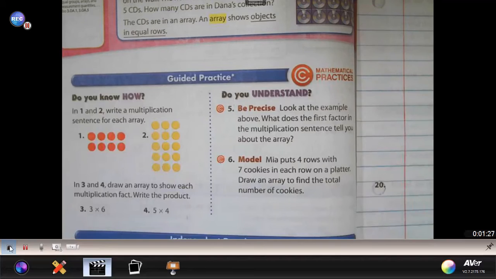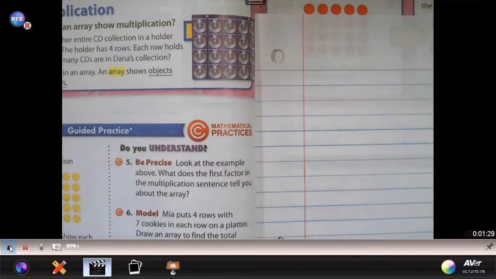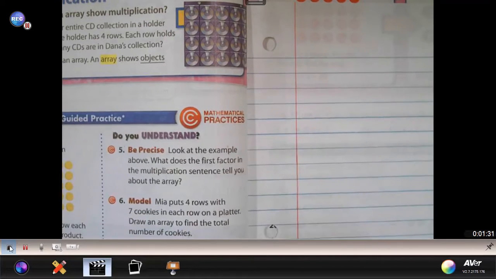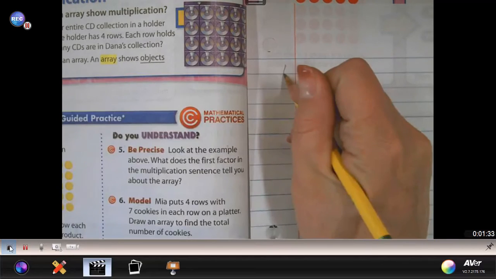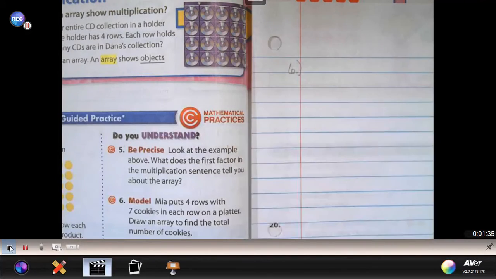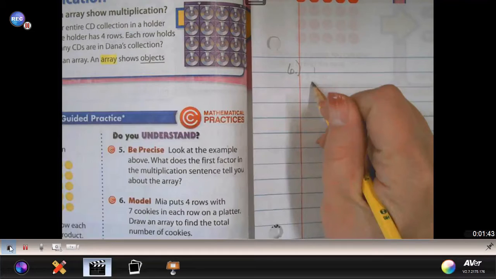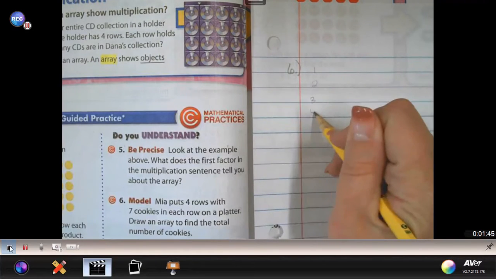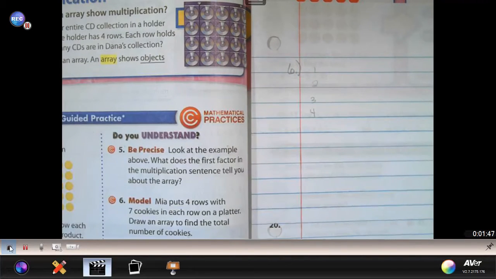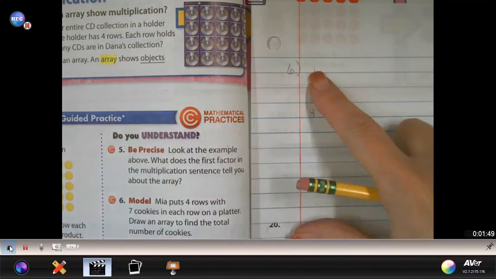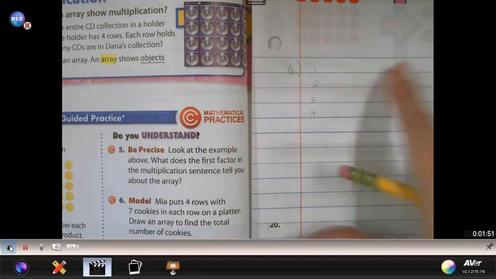So for number 6, remember we started this yesterday, so we are going to continue. Number 6 says Mia put 4 rows. So we have 1, 2, 3, 4 lines that we're going to use because a row goes from side to side.